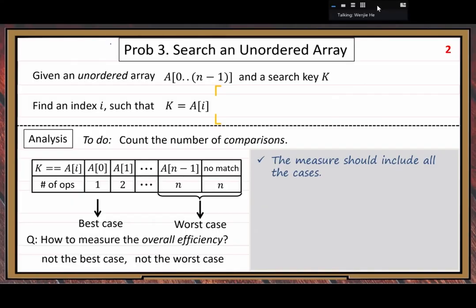But the question is how to include them. When you include them, how to combine all the cases? That's another question. What is the best way to combine all the cases? That's the most important question here.